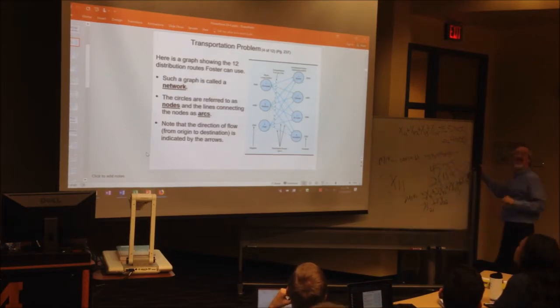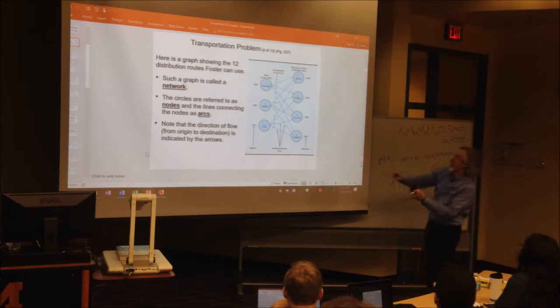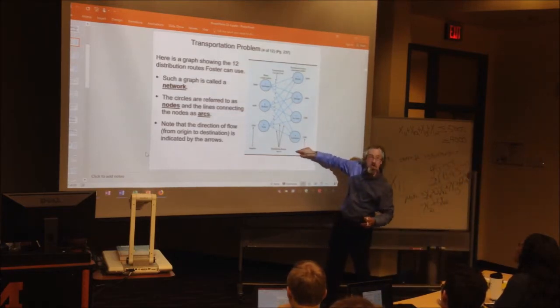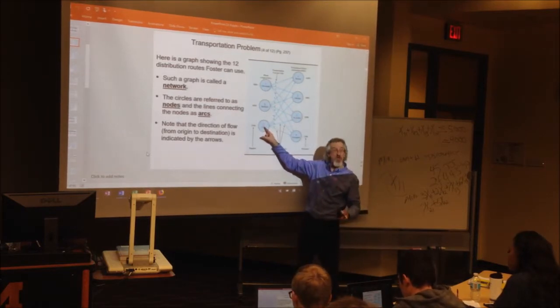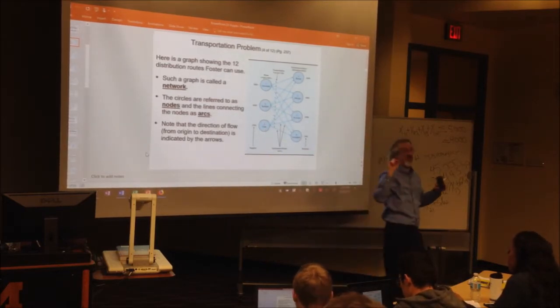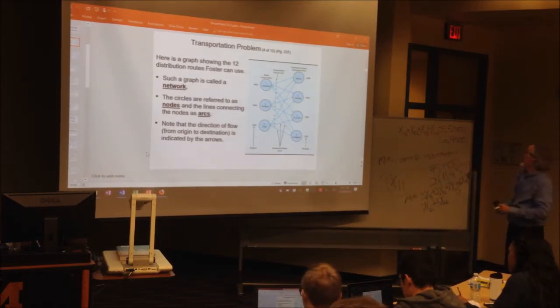The left-hand side has how many variables? How many arcs? Because all the demand nodes are always equal. All the supplies always less than or equal. So the right-hand nodes, the demand, are equal constraints. The left-hand side supply, less than or equal.